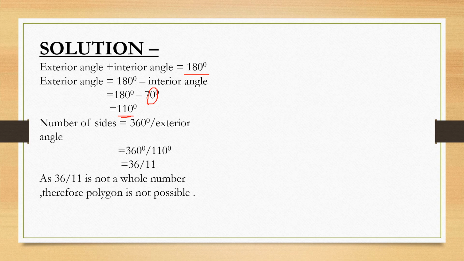Now you have the measure of exterior angle. So number of sides is equal to 360 degree upon exterior angle. That is 360 degree upon 110 degree. If you solve, you get 36 upon 11, which is not a whole number. So polygon is not possible.